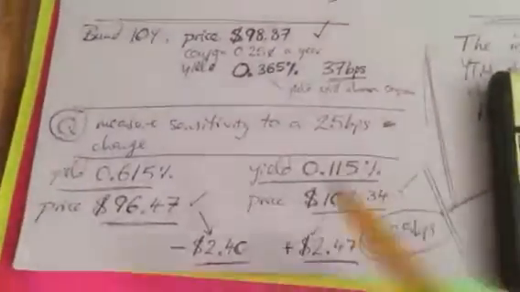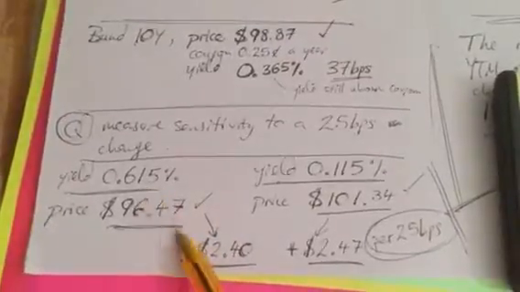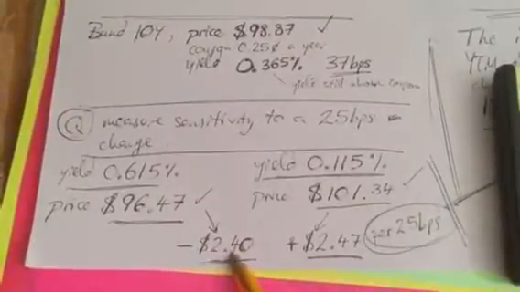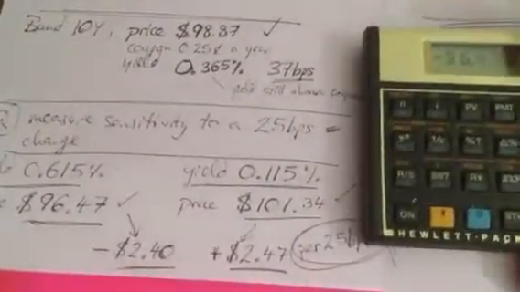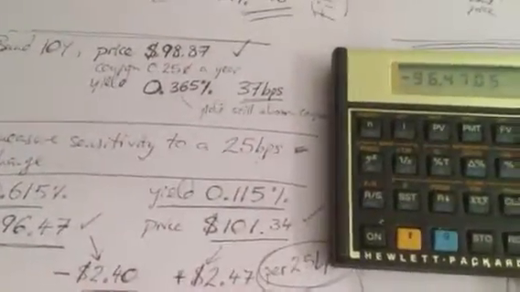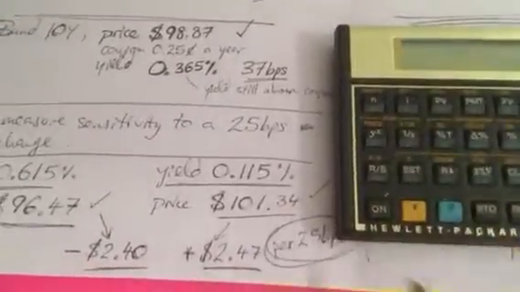Also, this gives us a sensitivity: a rising yield will give us a falling price of $2.40. On the other hand, if the yields fall, I'll just input here 0.115 and then recalculate the present value.